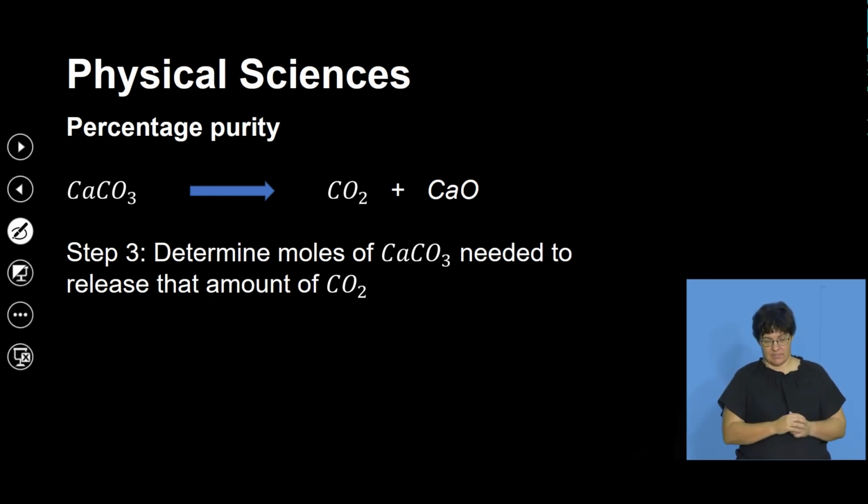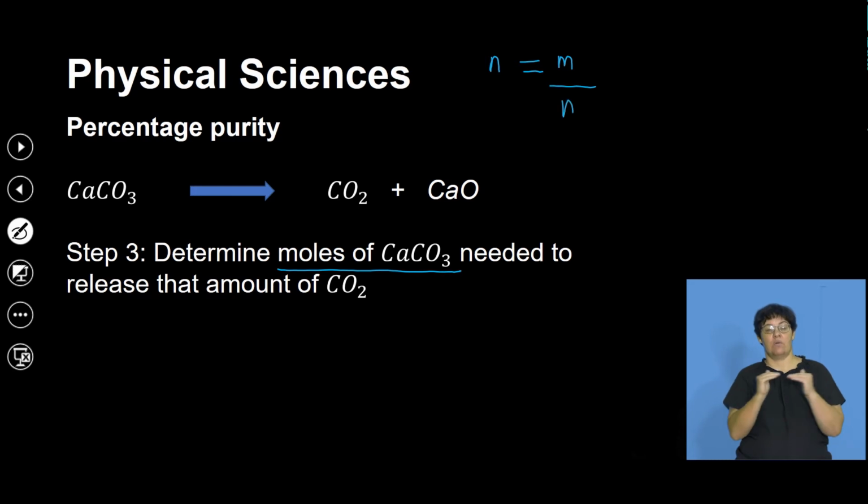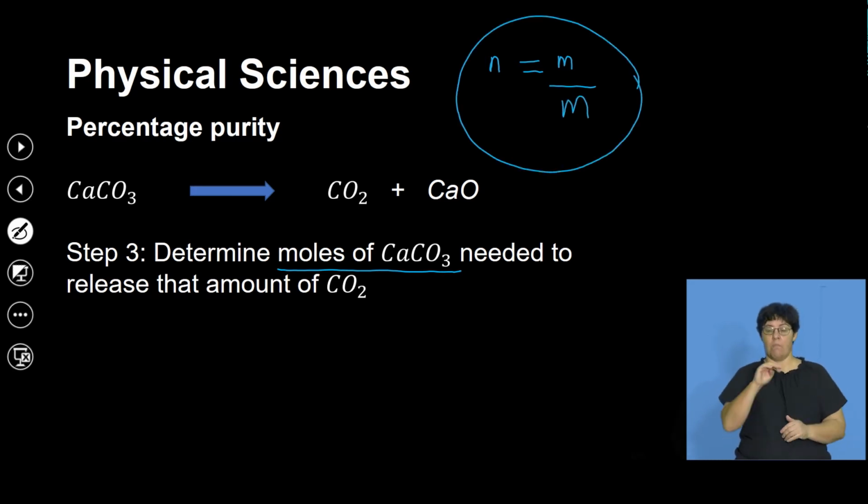So step 3, we work backwards: we determine the moles of calcium carbonate needed to release that amount of carbon dioxide. The idea that the number of moles of a substance equals the mass of the sample over the molar mass is central here, along with the stoichiometric ratio of 1 to 1 to 1.